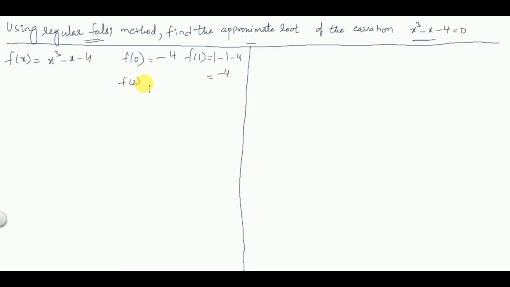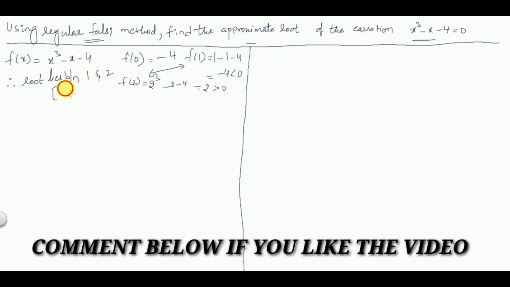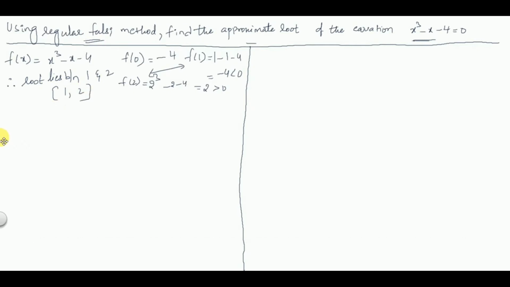So I'm taking 2: f of 2 is 2 cube minus 2 minus 4. 2 cube is 8, 8 minus 6 is 2, which is greater than 0, while f of 1 is less than 0. Therefore, the root lies between 1 and 2. So now it is bracketed between 1 and 2.